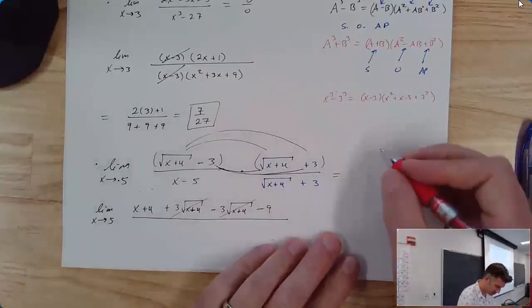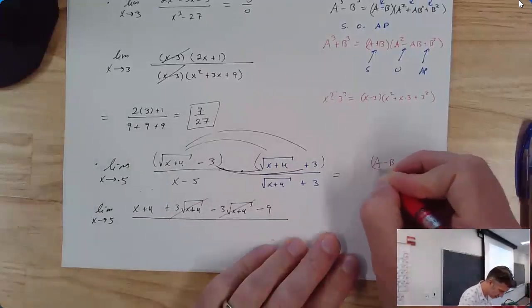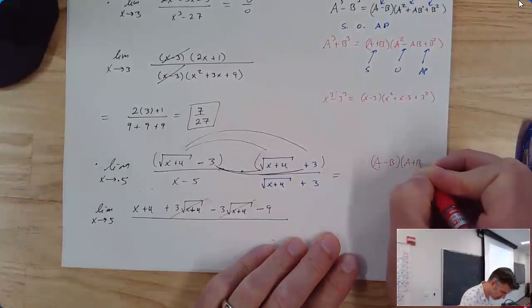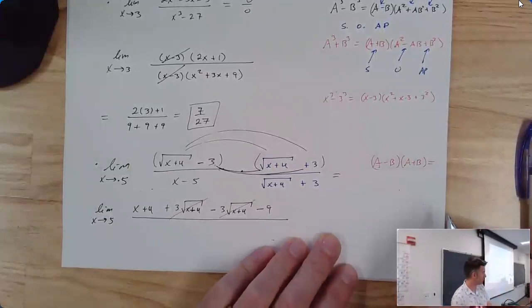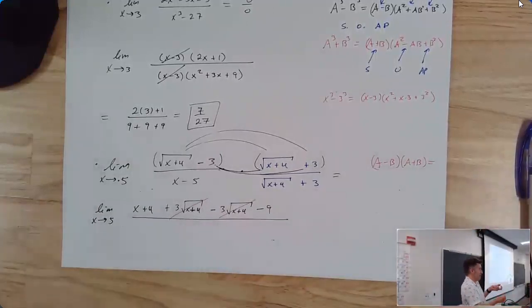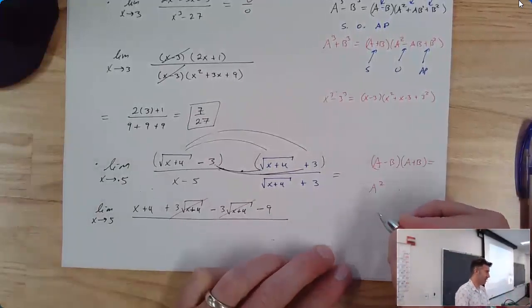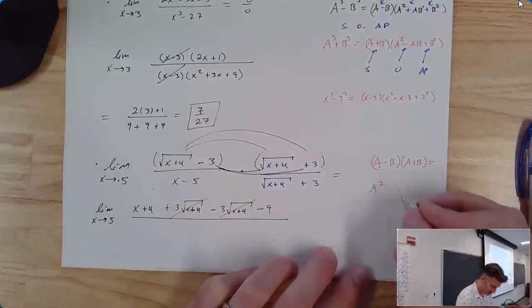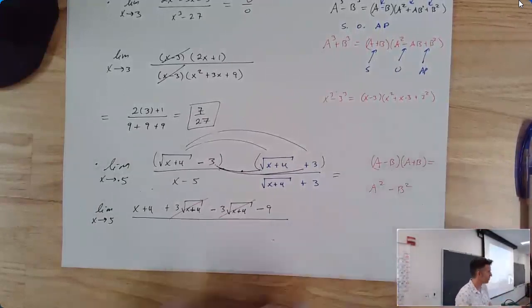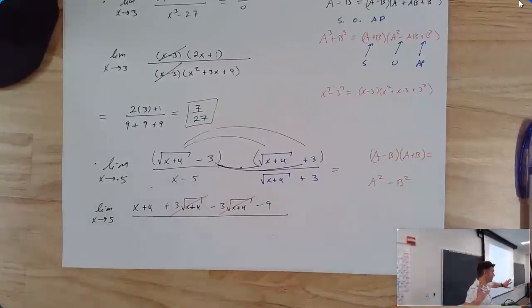It's really just a minus b times a plus b. Those are conjugates. The middle thing connecting them is the opposite sign. When you multiply that out, you get a squared plus ab minus ab minus b squared. Difference of squares. And then in the bottom, you don't multiply it. Or I should say, in the thing that it's not the conjugate of, you don't multiply it out.